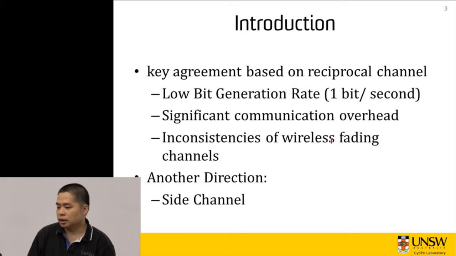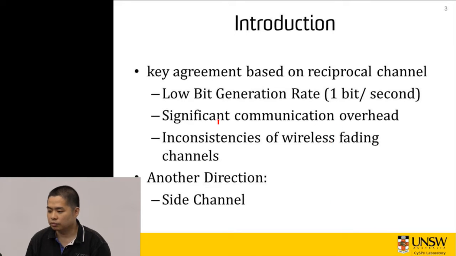So key agreement is a very important problem in wireless networks. In recent years, most of the research on key agreement protocols is based on the reciprocal channel. By reciprocal channel, it means that the sender and the receiver, both sides, take advantage of the common feature of the channel.